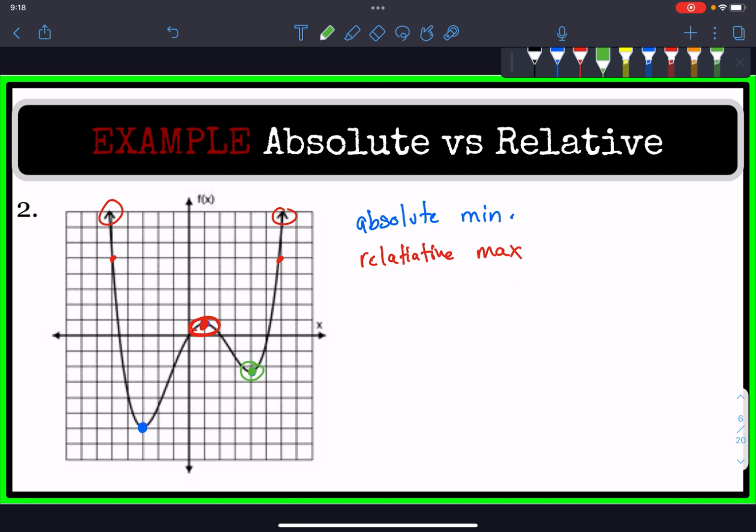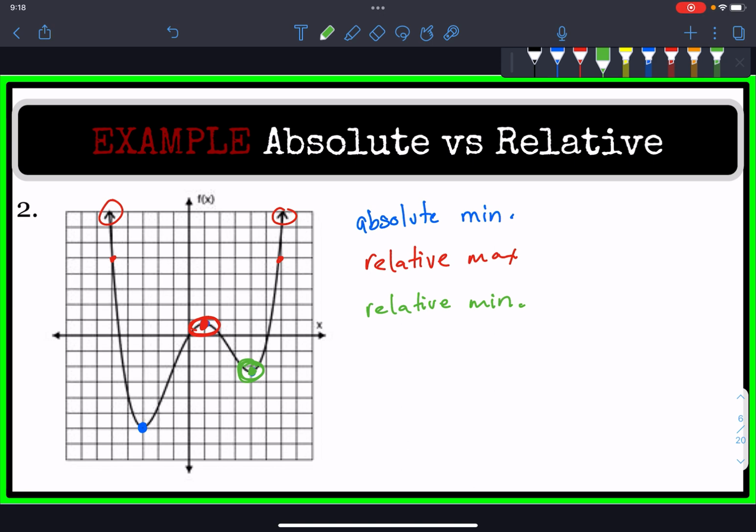So compared to the points around it in this section that I've circled, that green dot there is the lowest. So this is a relative min. I misspelled relative over here. Max and a relative min.